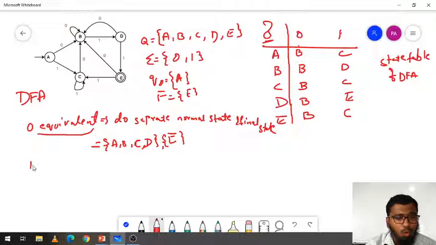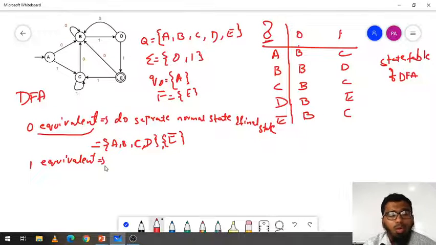Next, the 1 equivalent. Here you need to check A and B, whether A and B are equivalent or not.